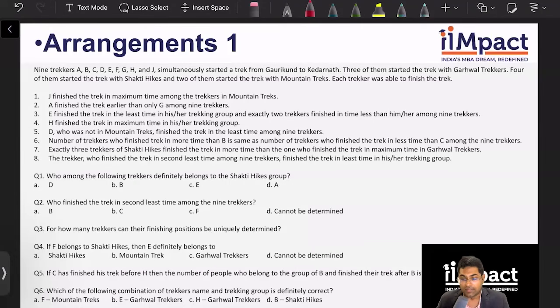Always remember this. So what we need to figure out here is very clearly who is with what group, and when did they end their trek, what rank or something, right? So this is sort of a combination set, somewhere in between a linear arrangement, because there is the timing and ranking kind of a thing, and of course an order and ranking with a sub order and ranking, because there is ranking within groups, right?